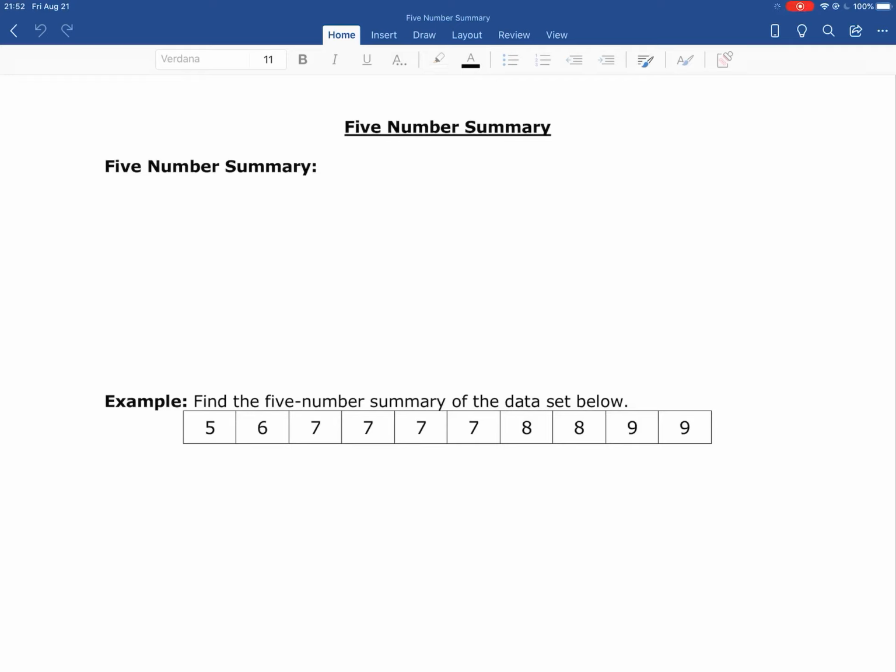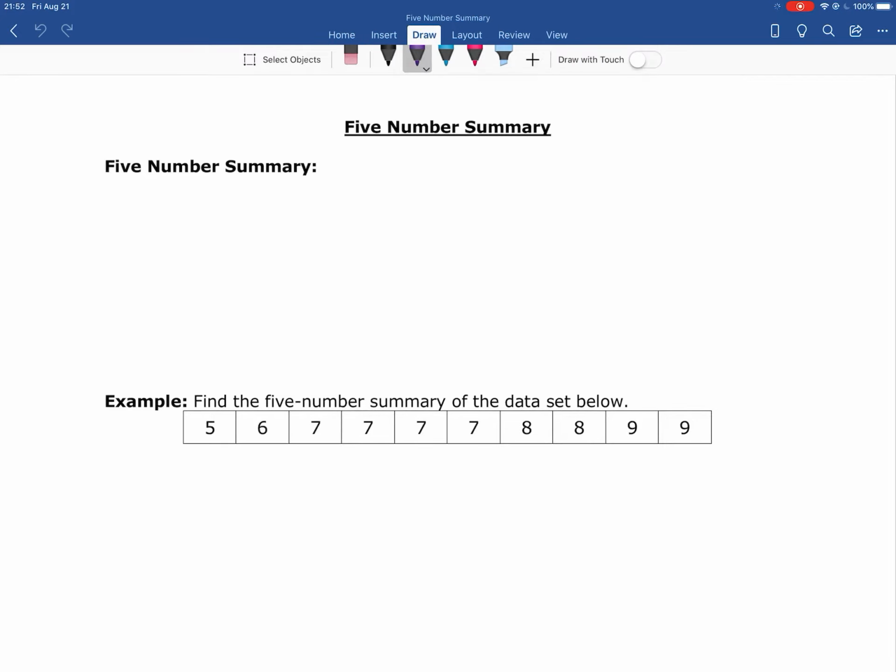Now we're going to talk about the 5-number summary. Just like we have the mean, the median, and the mode as a way to describe the center of our data, we have the 5-number summary, which gives us a broad overview of our data set as a whole.